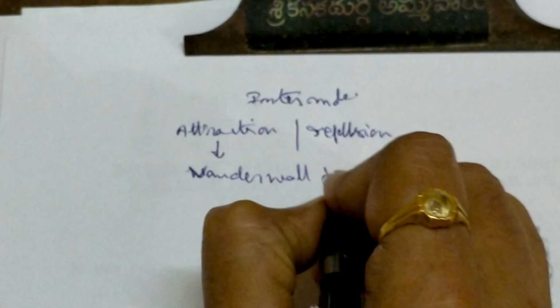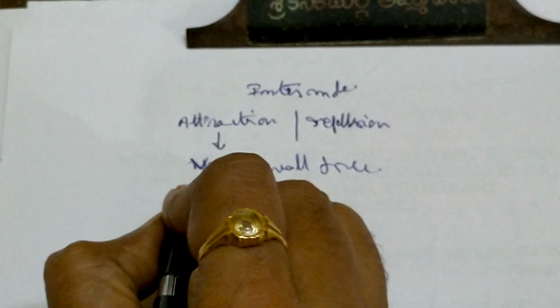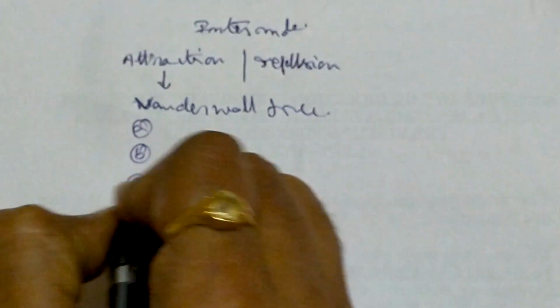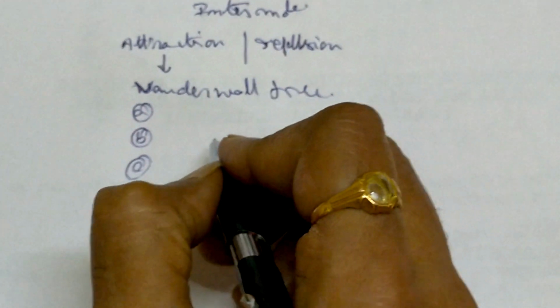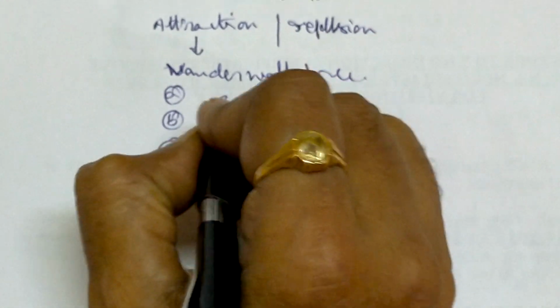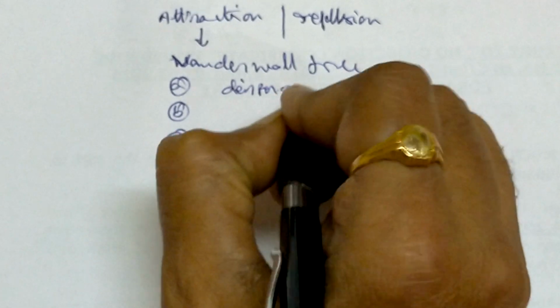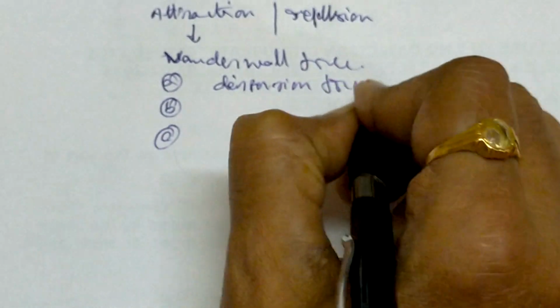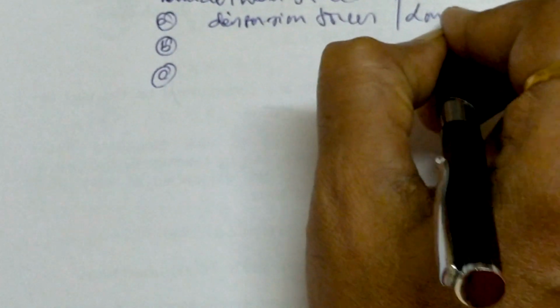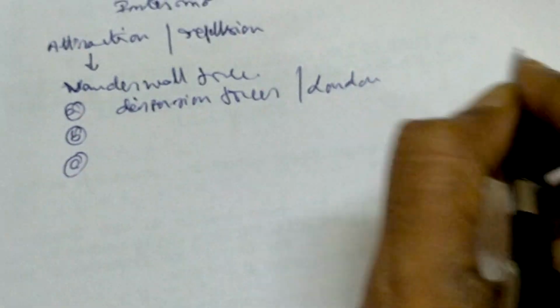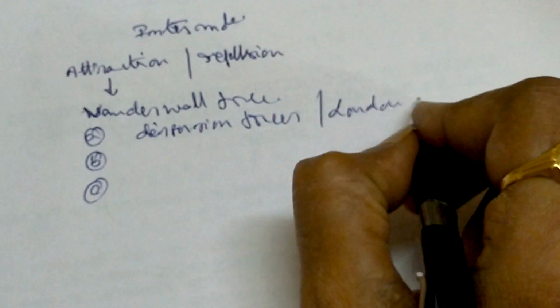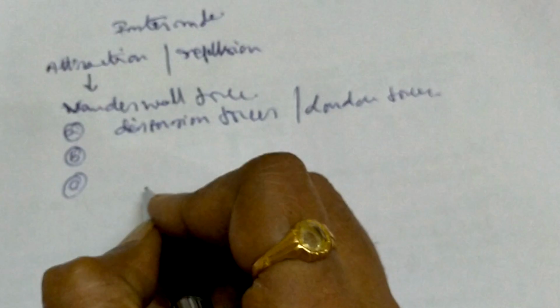Van der Waals forces. In this again there are three categories: A, B, C, and A is nothing but dispersion or London forces. What is this London? London is a scientist who found the dispersion forces. It's a very big force actually.